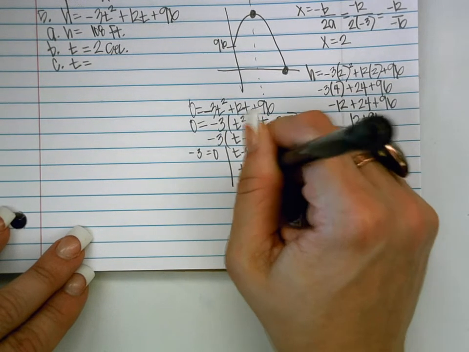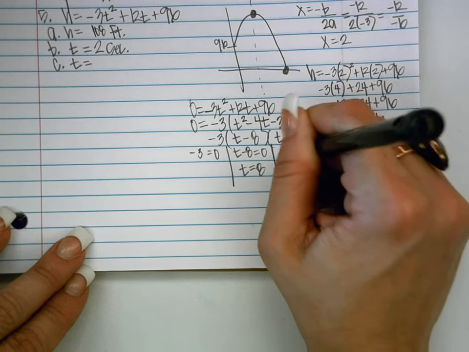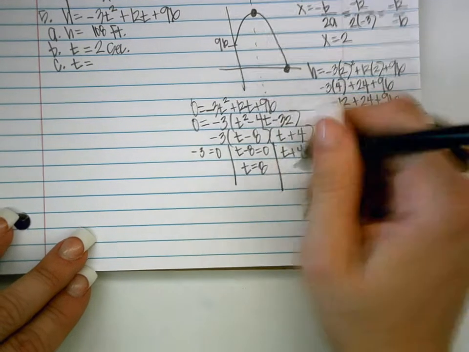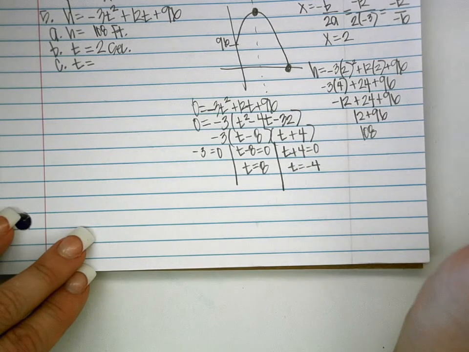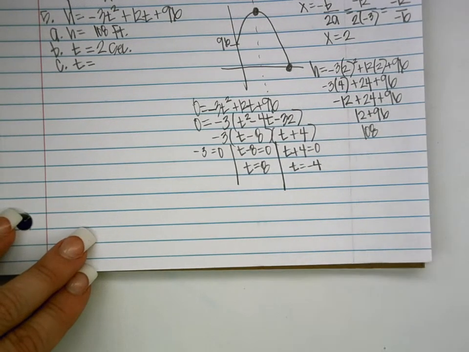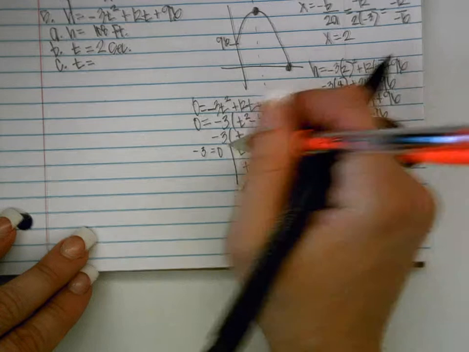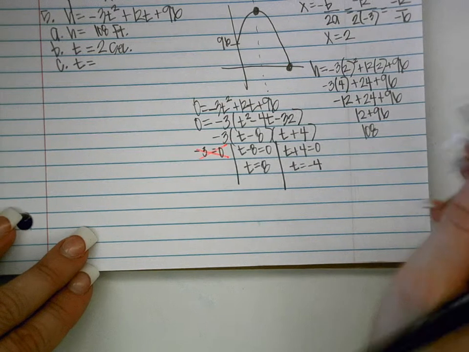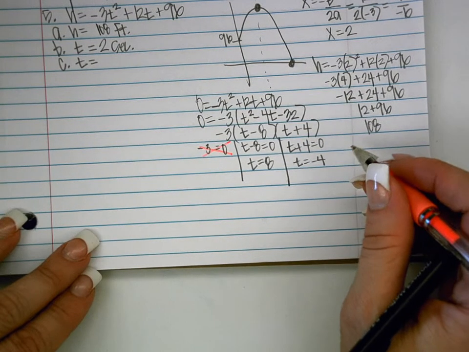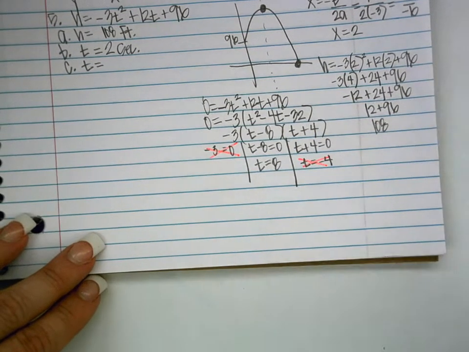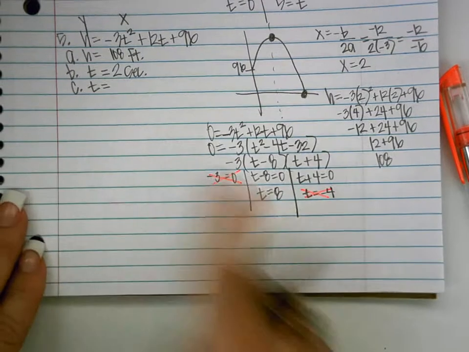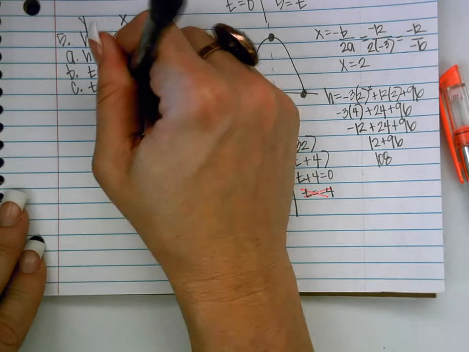And t plus 4 equals 0, so subtracting 4, t equals negative 4. Which one is actually your answer? The 8. Does it make sense that it took negative 4 seconds to reach the ground? No. That's called an extraneous solution. Here, it would take 8 seconds to hit the ocean, or ground level.